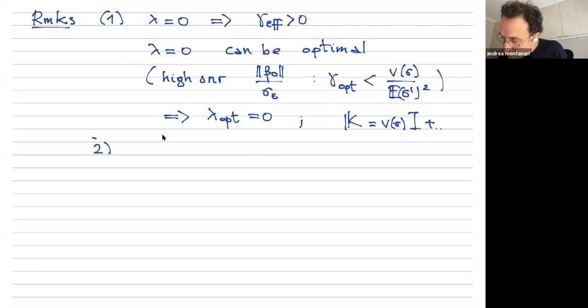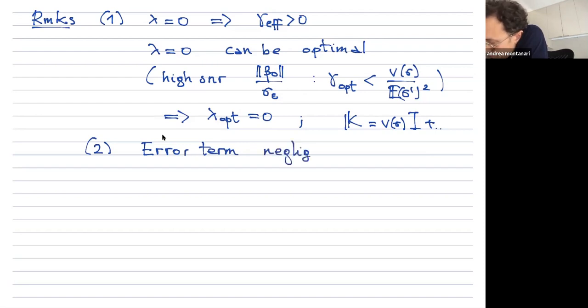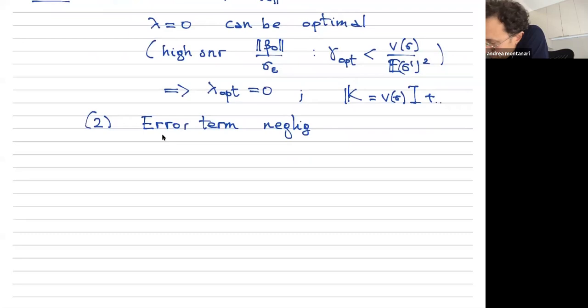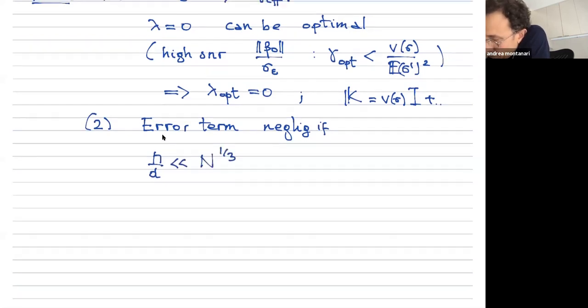Second thing, you might ask about the optimality of our theorem. We don't think it's optimal. We suspect it can be improved. One good thing is that the error term, which we don't think is optimal, is negligible if n over d is much smaller than n to the 1/3, modulo log factors.